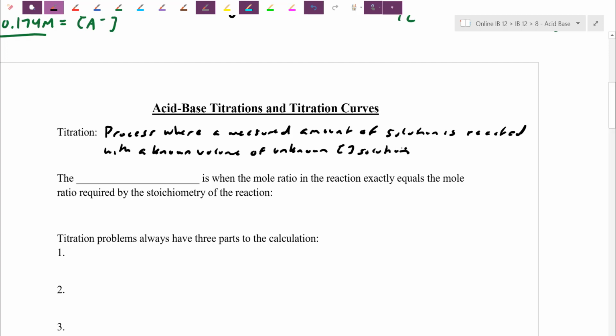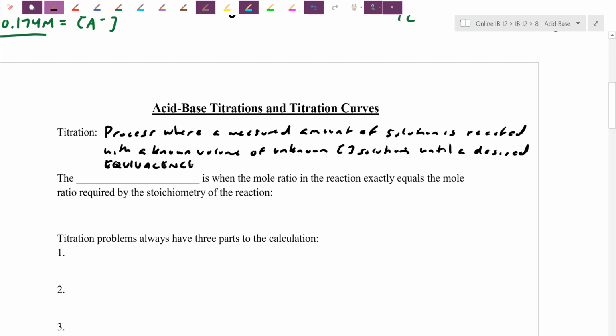So it's a reaction between two solutions until a desired, and we're going to use this term here, equivalence point.